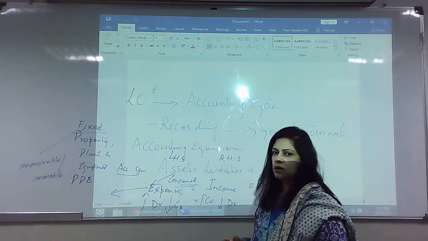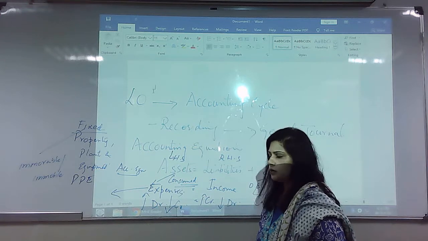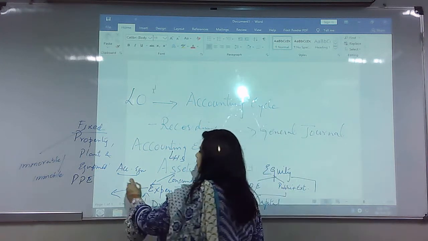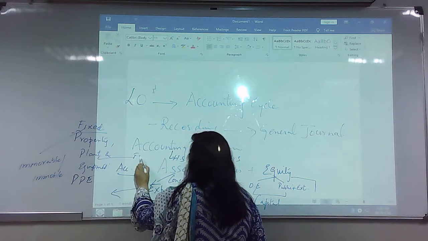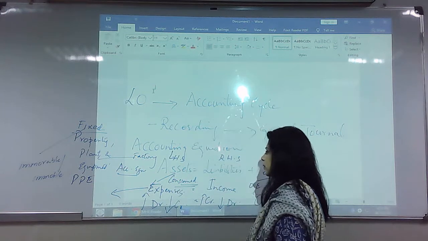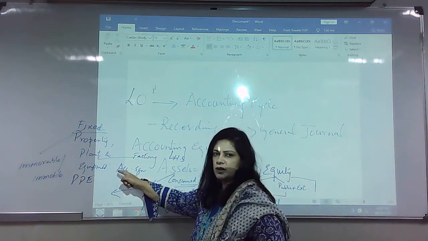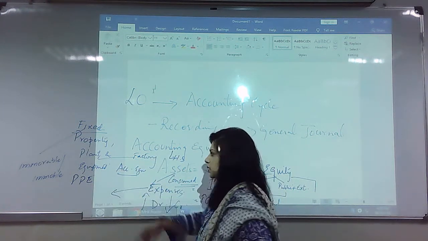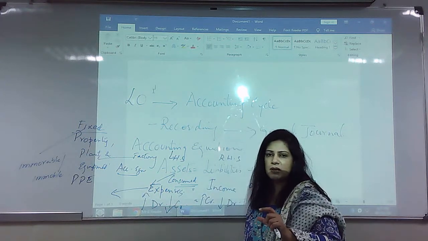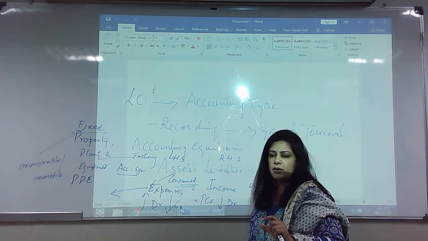It all depends upon the kind of equipment that you have, the kind of property or factory that you have. So this is property, plant, and equipment. By plant, I mean factory. If it gets damaged, if it needs repair of any sort, then that repair would be an expense, because now your asset has diminished in its value.